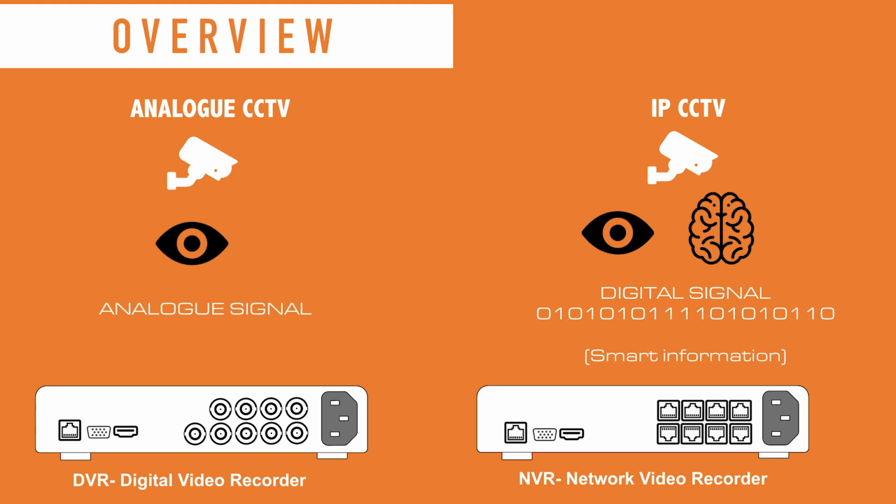An IP camera would plug into a recorder known as a network video recorder, or NVR. You can see on the illustration on the bottom right hand side that you've got an RJ45 connector, which you might be used to on your laptops and PCs, because that's how the camera is interfaced with the recorder.